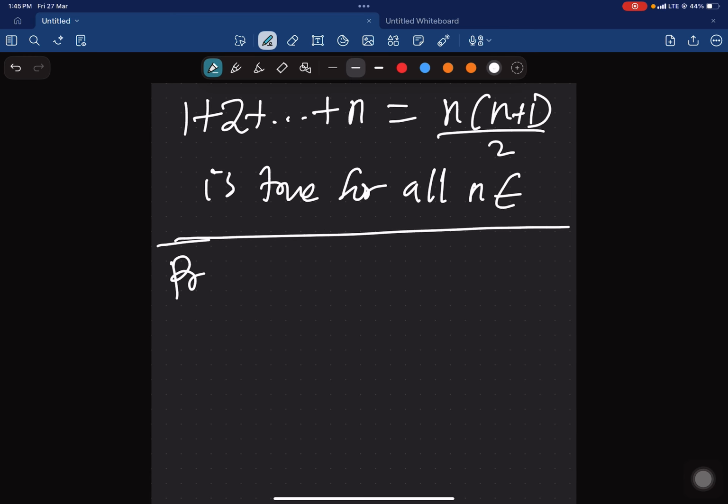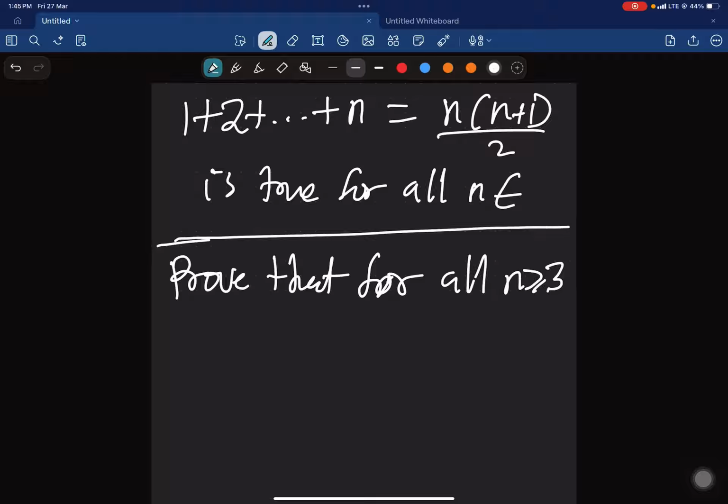So we are to prove that for all n greater than or equal to 3, 2 to the power n is greater than n plus 4.